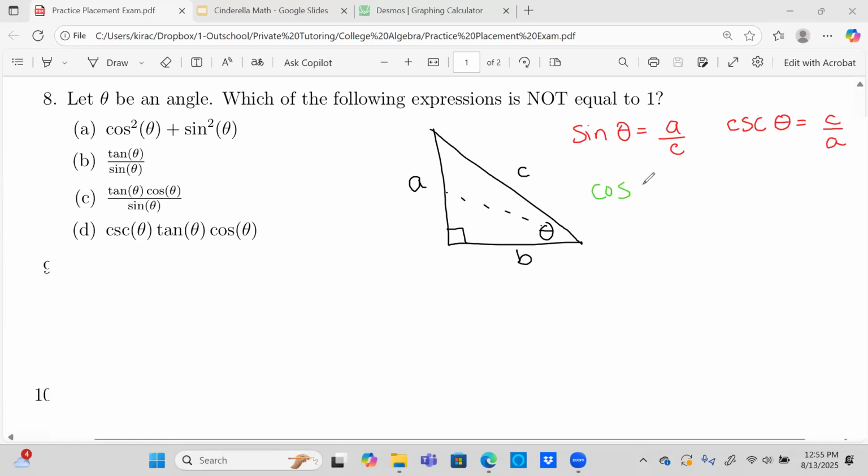Cosine would be adjacent over hypotenuse. The flip of cosine, the reciprocal of cosine, is secant. And then you just flip that. And finally, tangent is opposite over adjacent. And the flip, the reciprocal of that is cotangent. Okay, so there's all the things.